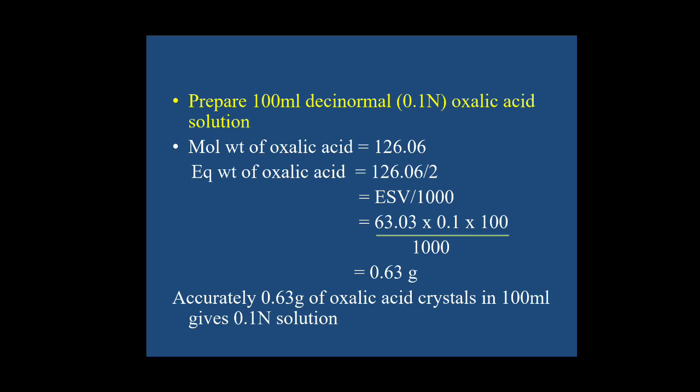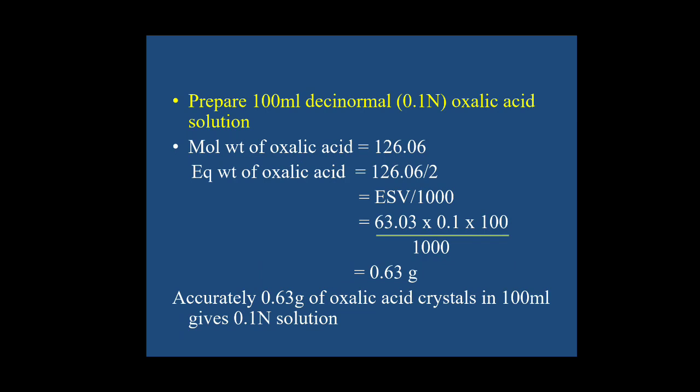Then another example is to prepare 100 ml of decinormal oxalic acid solution. It is 0.1 normal. So the molecular weight of oxalic acid is 126.06. Equivalent weight is 126.06 divided by 2. So we have to substitute in the formula E into N into V by 1000.